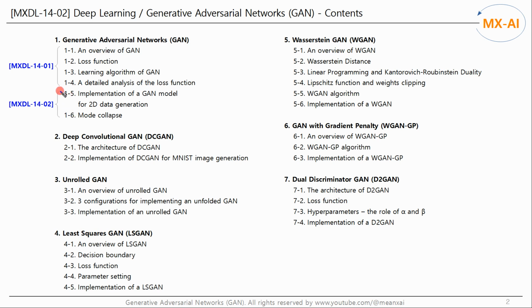So far, we have created a GAN model that generates two-dimensional data and observed the mode collapse phenomenon. In the next video, we will look at DCGAN.